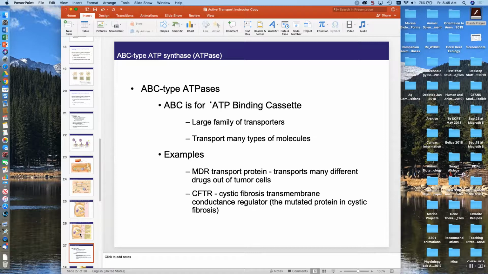So essentially what happens with CFTR, you're going to see a lot of misinformation when it comes to CFTR on the web. So I want to be clear as to what happens with cystic fibrosis. Most of the time, 70% of the time, it is a mutation of the phenylalanine at the 508 amino acid mark.